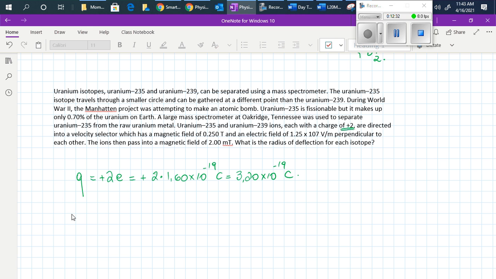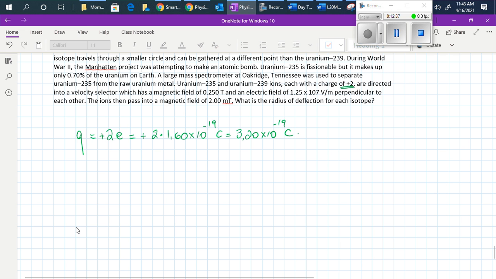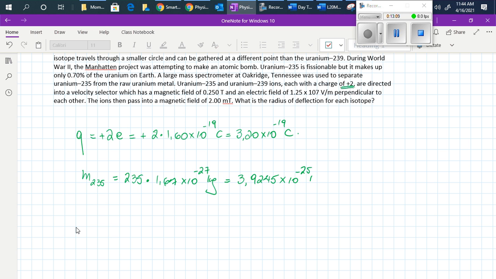Now, since we are dealing with the mass, the mass of the 235 isotope form of uranium is 235 times 1.67 times 10 to the power of -27 kilograms, because the mass of protons and neutrons is pretty much the same. So this will be 3.9245, I will keep all those numbers, times 10 to the power of -25 kilograms.